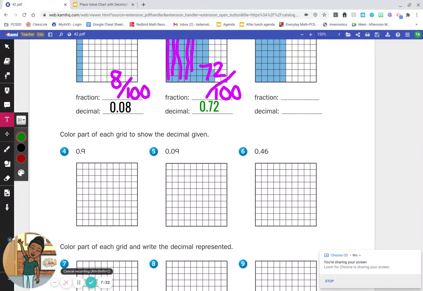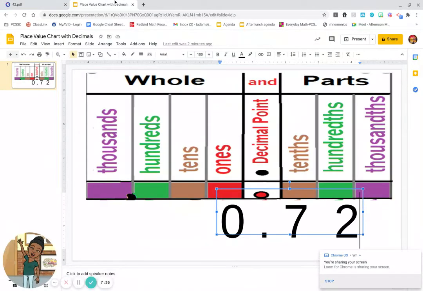Well, let's go back to our place value chart. Zero and 9/10. We are going to shade 0 and 9/10 on our grid.